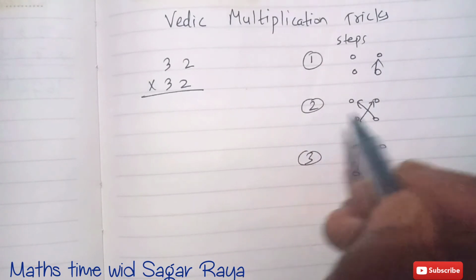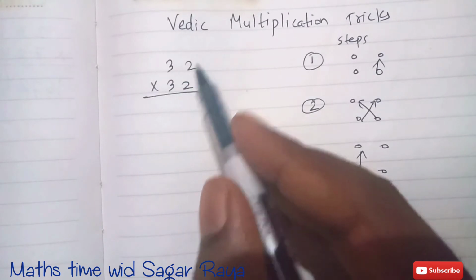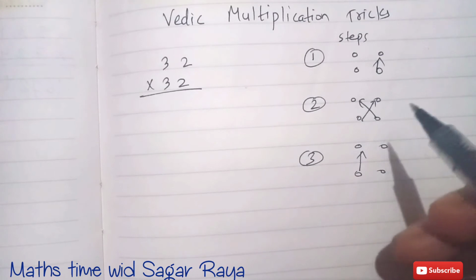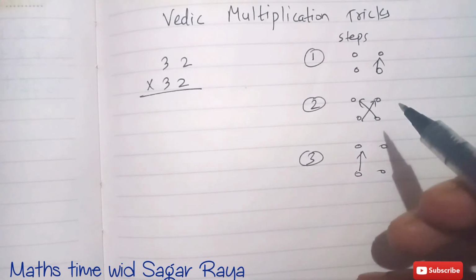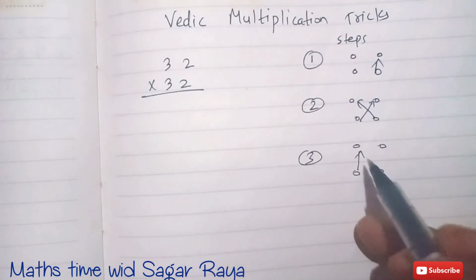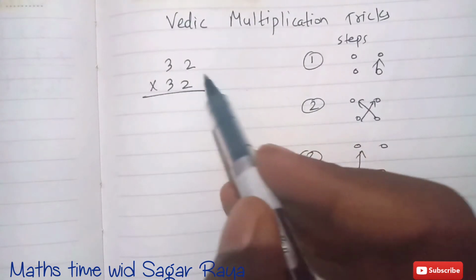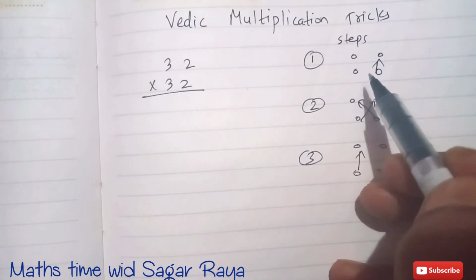In the second step we will cross multiply: we will multiply 3 times 2 and 2 times 3, and then add them, and if there comes a carry, we will forward it to the next step. And in the third step we will multiply 3 and 3. I have made circles so that it is easy for you to understand.